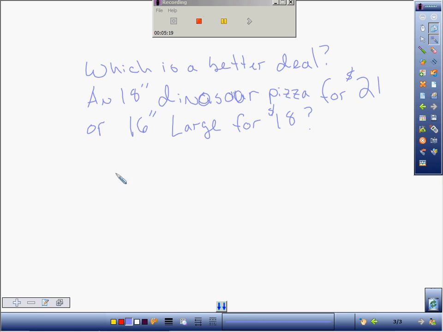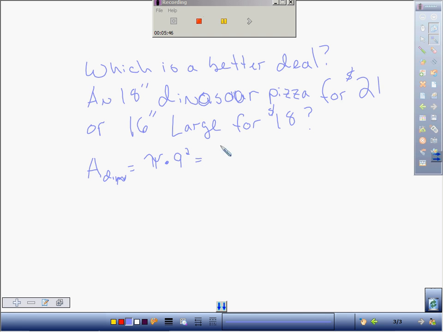Well, let's see. So the area, they're both the same kind of thing. The area for the dinosaur is equal to pi. 18-inch refers, I believe, to the diameter. So what's the radius of the 18-inch? 9 squared.